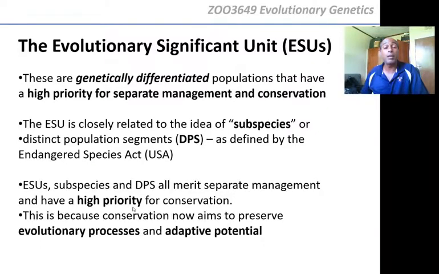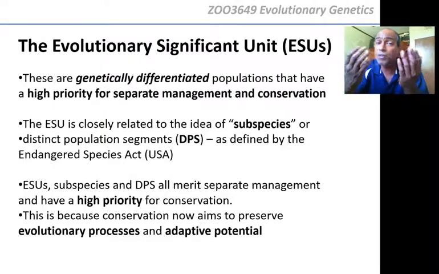That is because their conservation aims to protect evolutionary processes and adaptive potential. In other words, to make sure diversity is high. So that if the environment changes and there's a different selection pressure, a different fitness landscape, the population can survive.